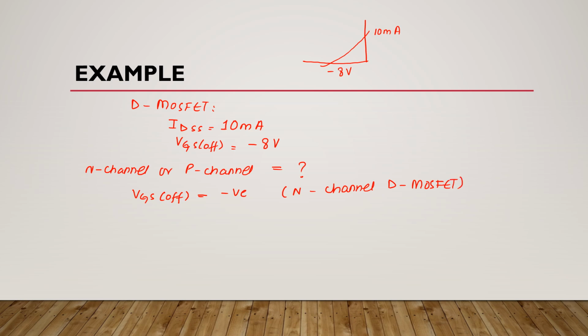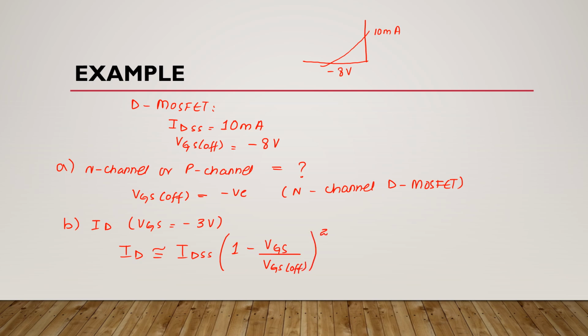Okay, now if you want to calculate drain current when gate to source voltage is minus 3 volts, how are you going to find this drain current? For this you will use this equation of drain current: ID approximately equal to IDSS times 1 minus VGS divided by cutoff voltage, whole square.